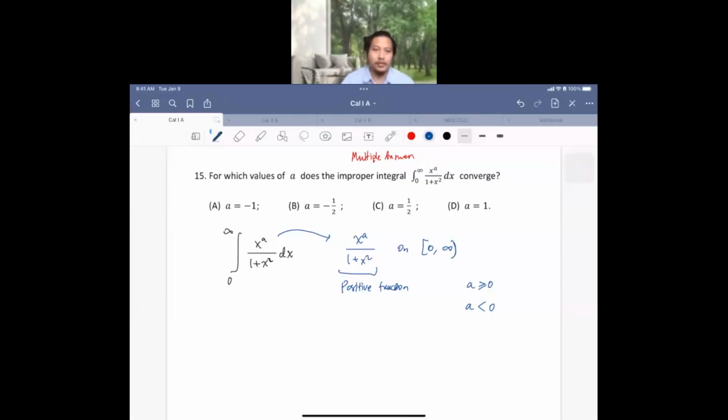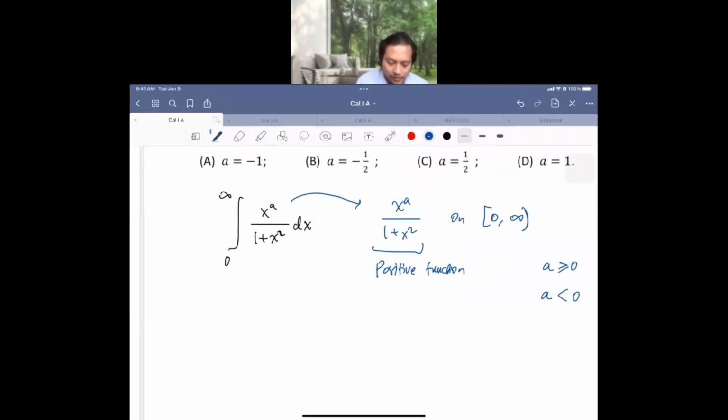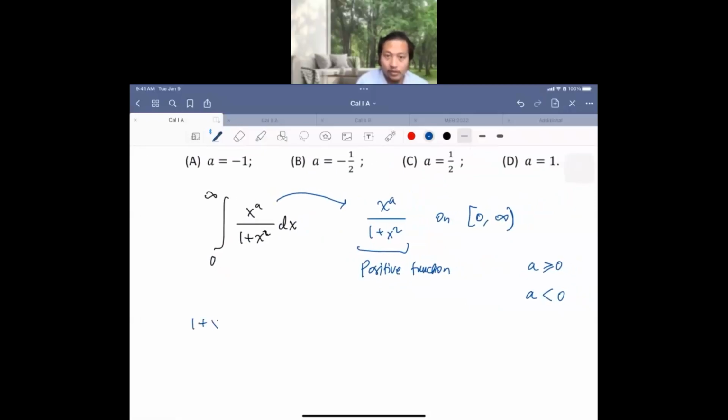Okay, now let me finish this. So if we look at the function, we have 1 plus x squared, which, if we compare to 2x squared, is going to be less or equal, right? If we use that in the interval from 1 to infinity.